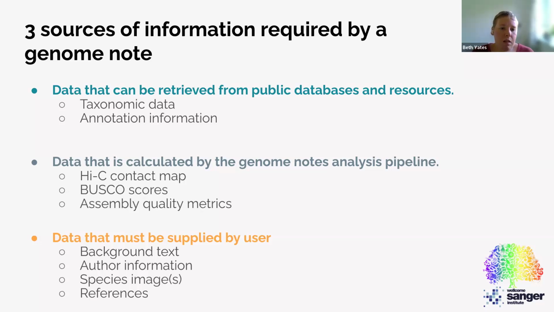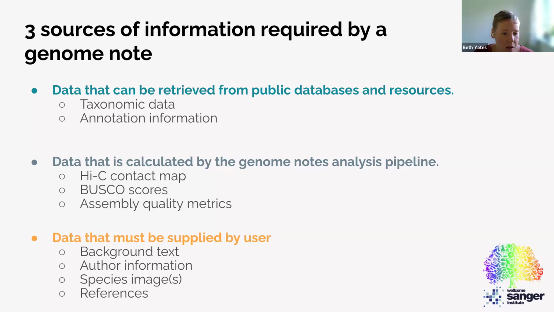And then there's data that is more difficult to get automatically. This is things that vary more between each individual note, like the background text, which describes a little bit more about the biology of the species. We tend to rely on experts to provide that.